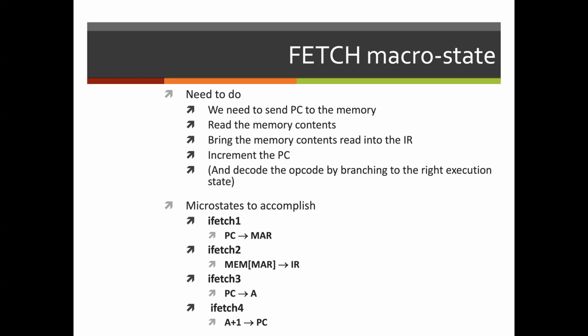We have IFETCH1, which will read the program counter onto our memory address register, and then IFETCH2, which will read it into our instruction register, and then we'll read from the program counter onto register A, and then we'll increment and store that back onto the program counter.